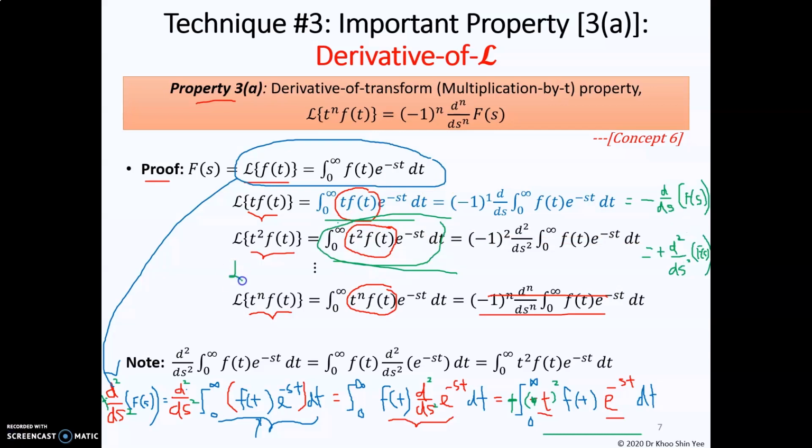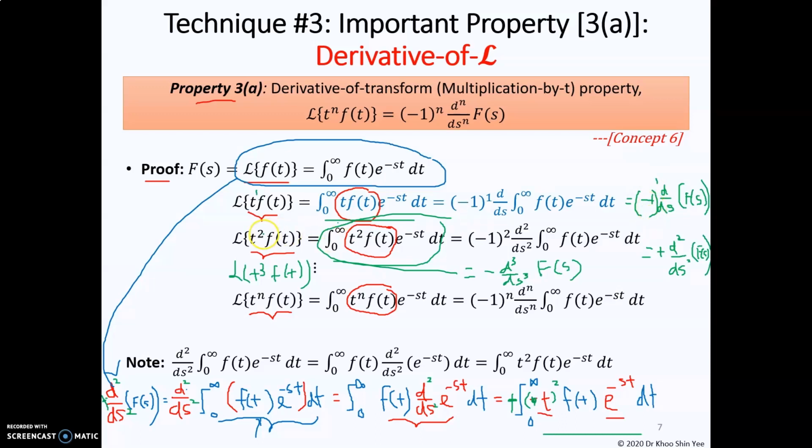If you continue for the Laplace transform for t to the power of 3 f(t), then you should expect your answer to be negative: negative, positive, next one is negative d to the power of 3 over dx to the power of 3 F(x). So we can see the pattern. When you multiply with t to the power of 1, over here it will be negative 1 to the power of 1, you still get negative.